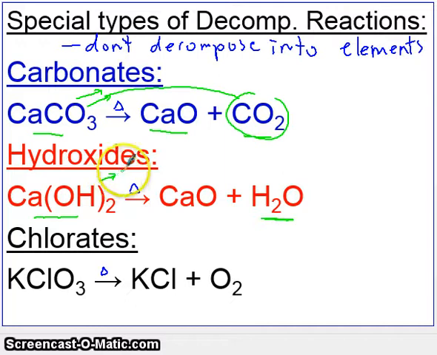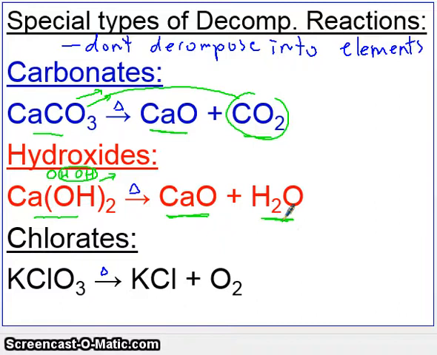And if you remove the water out, because here we have OH2, which means we have 2 H's and 2 oxygens, the water here comes out, HOH, and you're left with oxygen. And that's why calcium oxide, again, is the product. You'll notice the first product is the same on both of these, calcium oxide. The second product, CO2 here, water here.